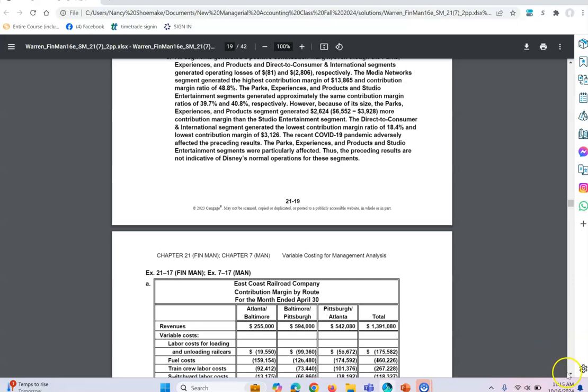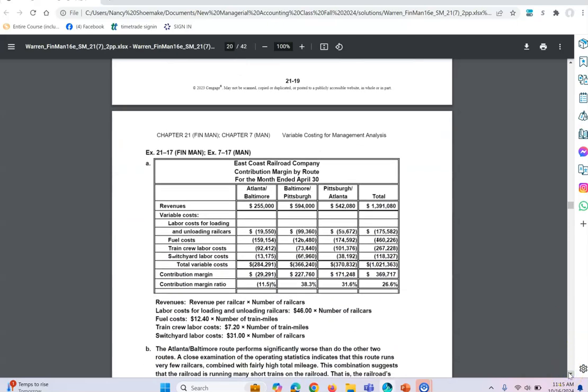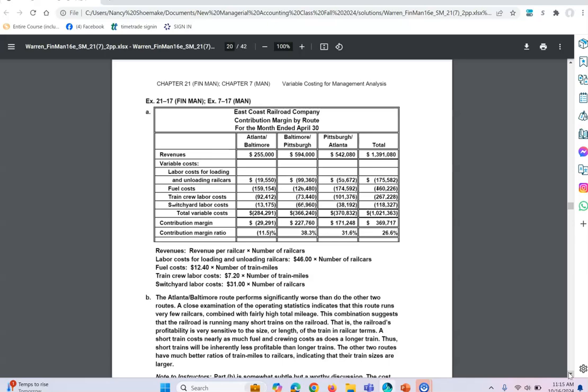So here we show the revenues from Atlanta to Baltimore is $255,000. Baltimore to Pittsburgh, $594,000, and Pittsburgh to Atlanta, $542,080.